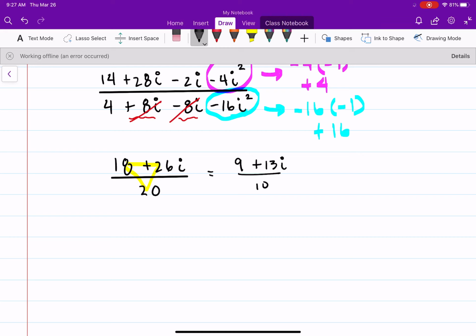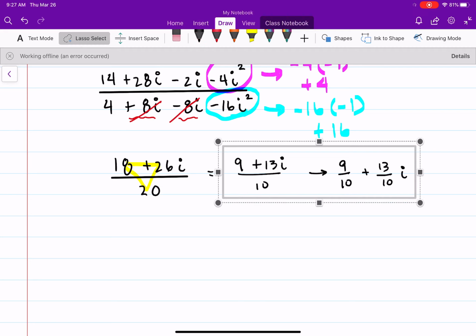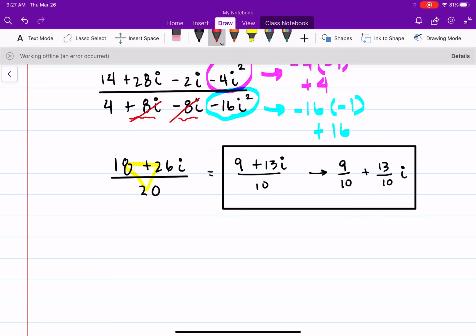This is not the a plus bi form. The a plus bi form would be 9 over 10 plus 13 over 10 i, so we split up this fraction. It all depends on what the directions ask for. If it's a plus bi form, then that's what I would do.